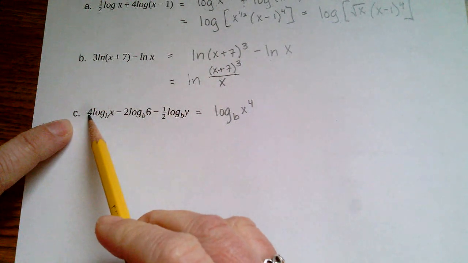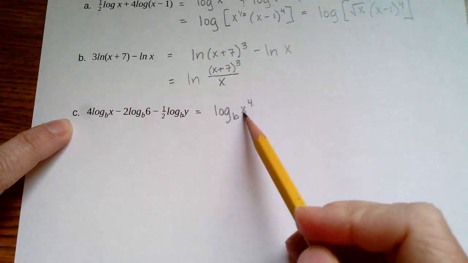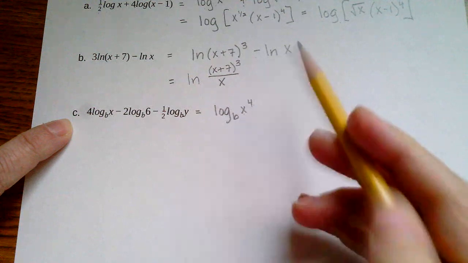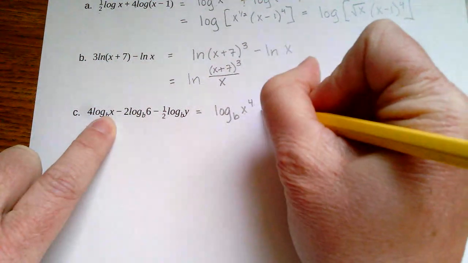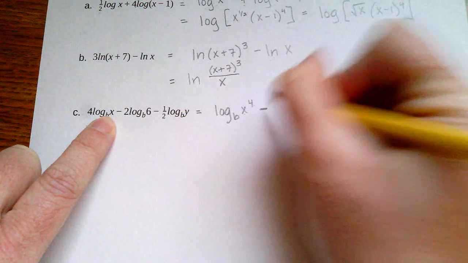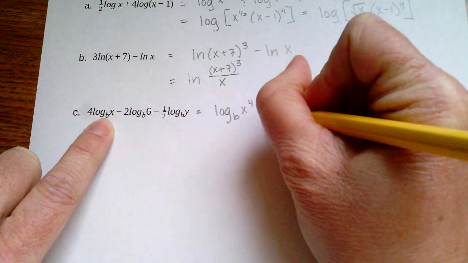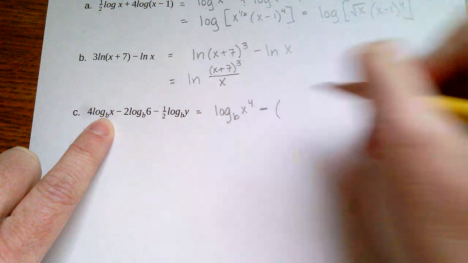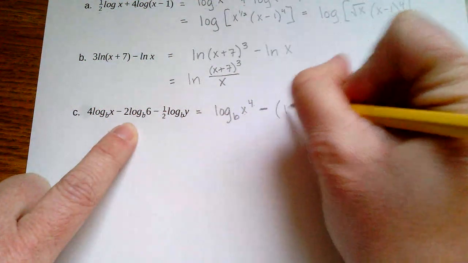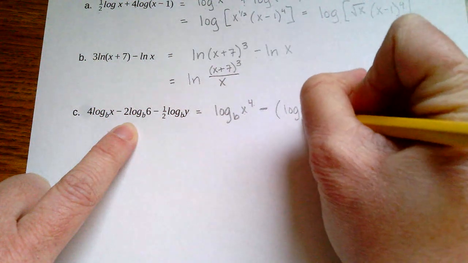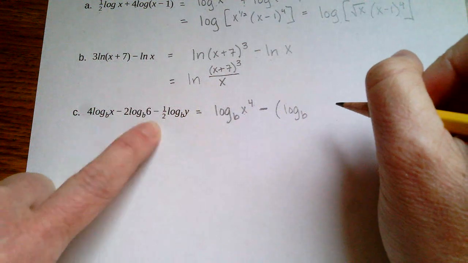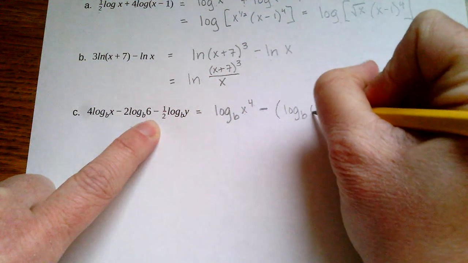I brought the coefficient up as the exponent of the argument. My trick here, I am going to subtract. I'm going to pull out the negative. So I'm going to change this to log base b. I'm moving that 2 onto the 6.